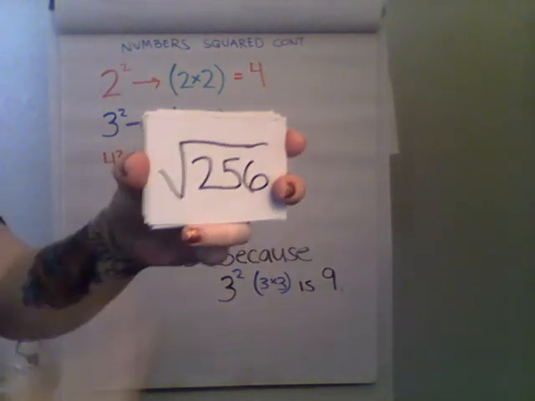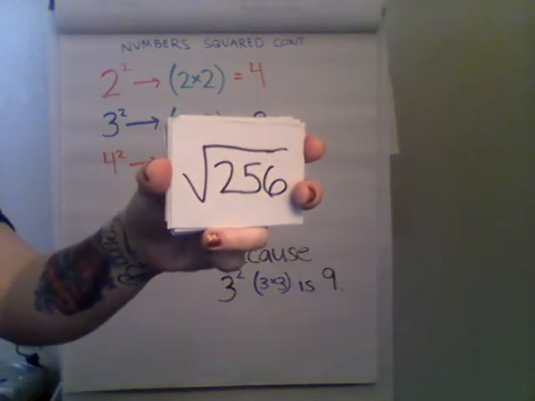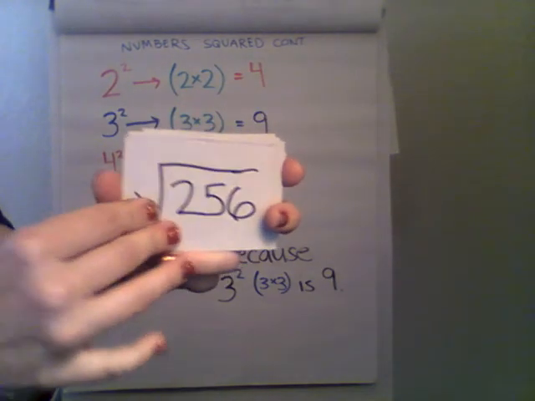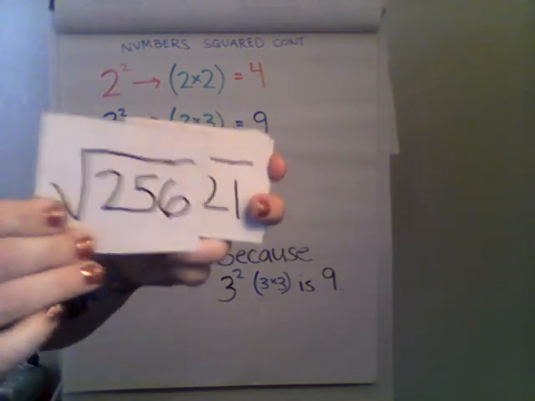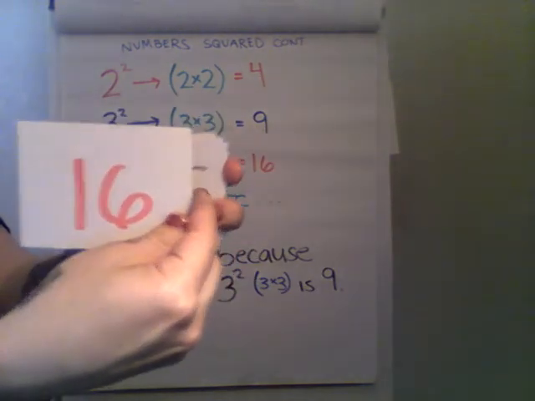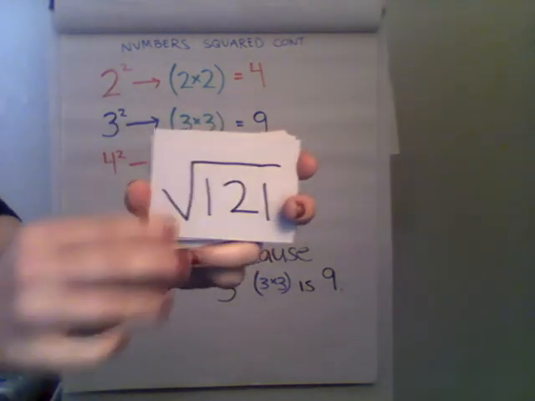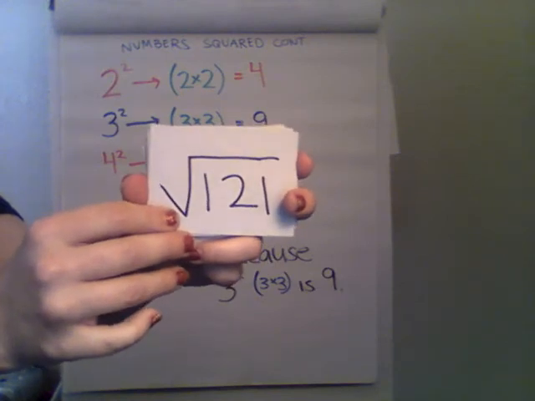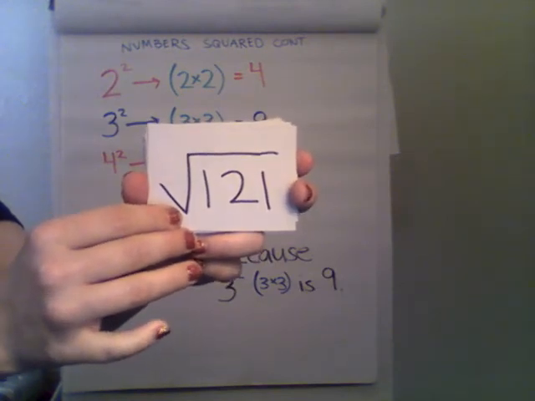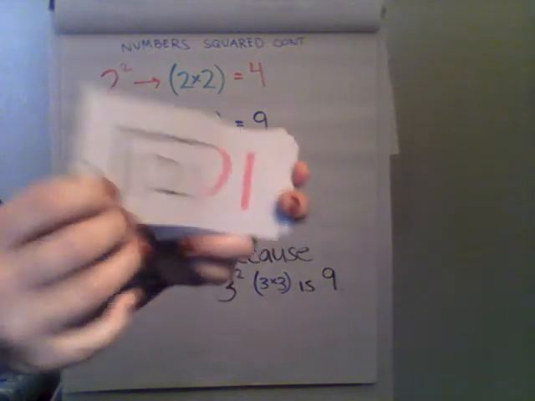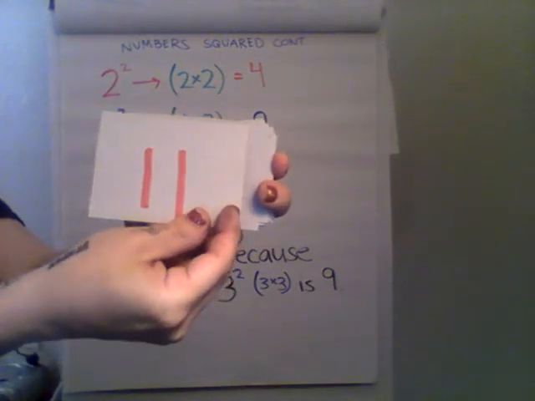Now let's see. What is the square root of 256? Do you remember? It's 16. Very good. What about the square root of 121? If you said 11, you are absolutely correct.